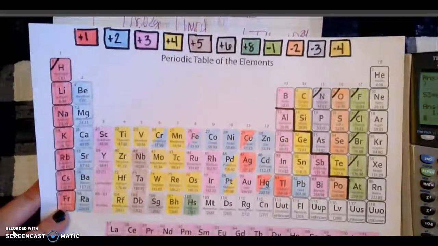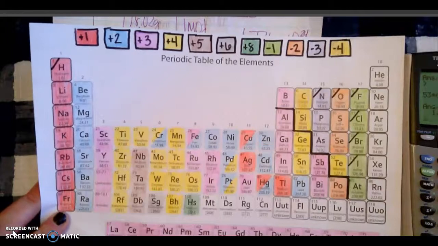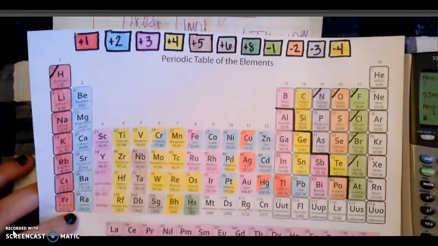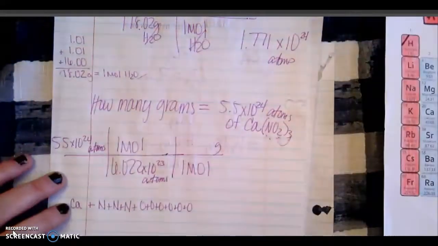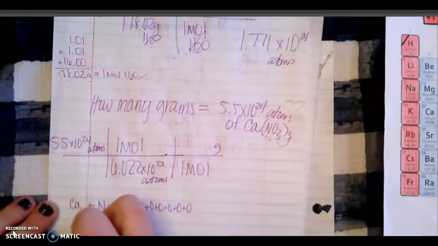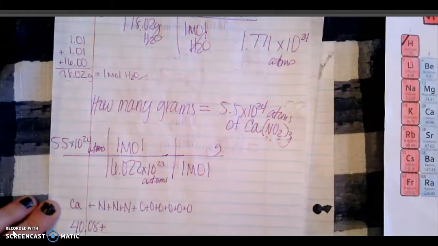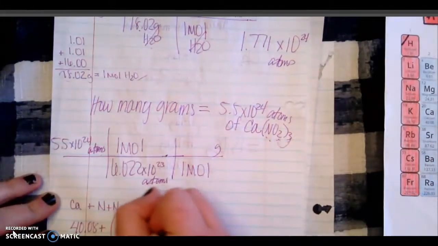Okay, so I'm going to go in here, and I'm going to add all that up. So I got calcium. Let me double check that I'm doing that right. Yep, this is just going to be a gross number. Okay, sometimes it's just like that. So my calcium is 40.08. Okay, and then I have 3 nitrogens. Now nitrogen is 14.01. I got 3 of them.